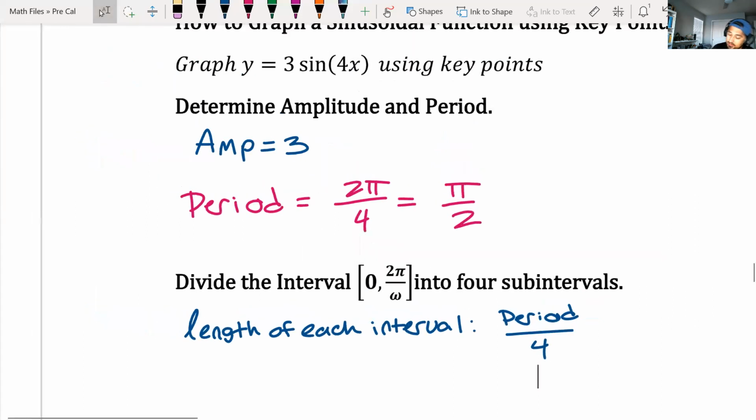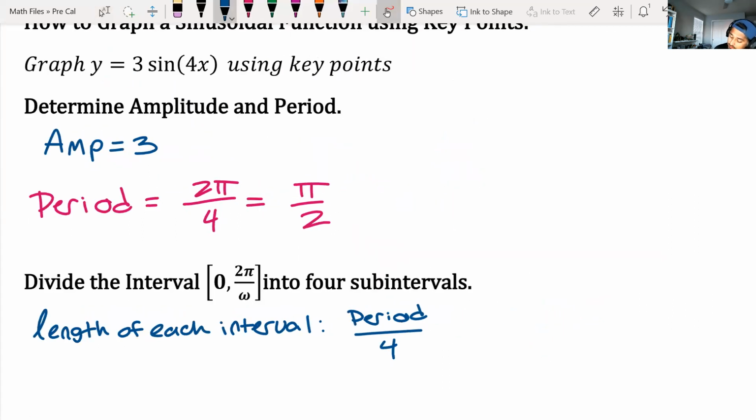So we take the period from above and divide it by 4. Why 4 subintervals? Because it's just easier that way. You can create 2 subintervals, 6 subintervals, 10 subintervals, but the homework will only ask you to create 4 subintervals.